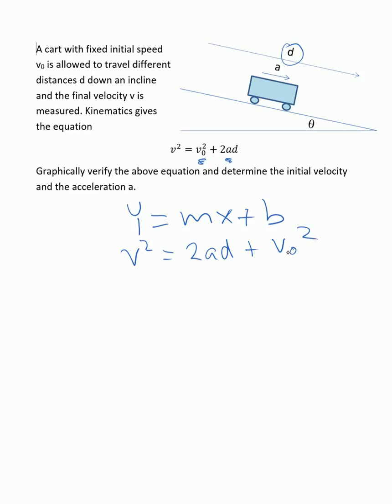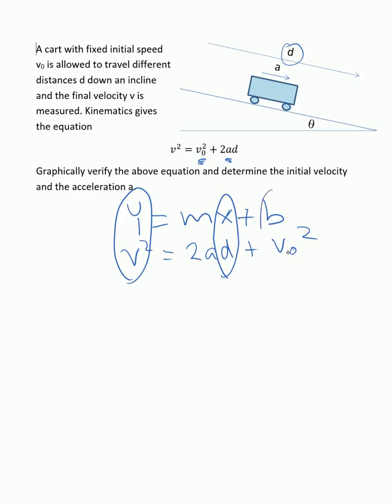And what we have to plot on the y-axis is not v, but v squared. If we plot v, it's going to be a curve, not a straight line. So we always have to make sure we plot the correct thing. You'll be measuring v, but then you'll have to square each of your terms. Okay, so on the x-axis, we're going to plot the different distances d.